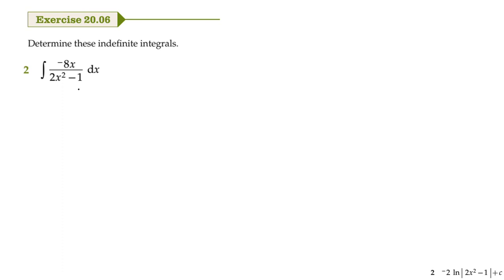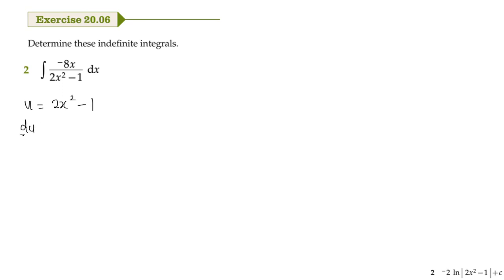Okay, for a fractional function, you might let your u be your denominator. You let your function of u be your denominator. Okay, why denominator? Because later, sometimes your derivative of u is a derivative of the function in your numerator.